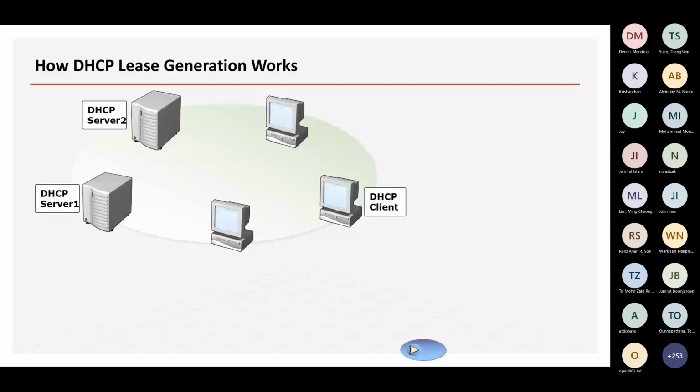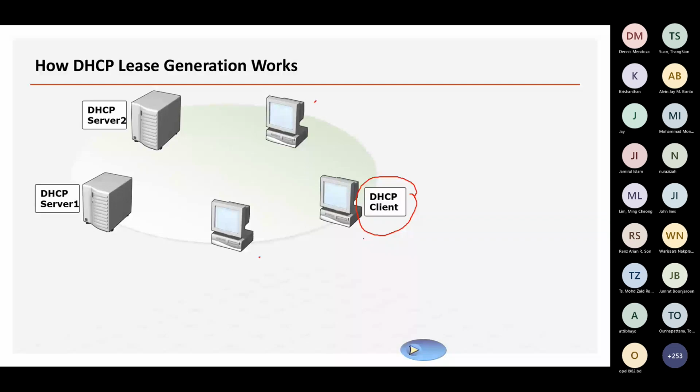Right now you can see on the screen that a couple of workstations are mentioned here. You have workstation VM1. Let's take a couple of workstations here: workstation 1, workstation 2, and workstation 3. Now, let's take one workstation here, a DHCP client.